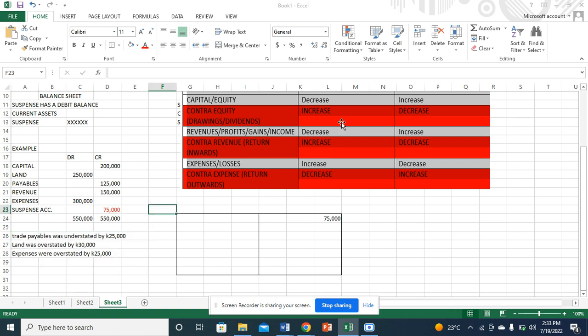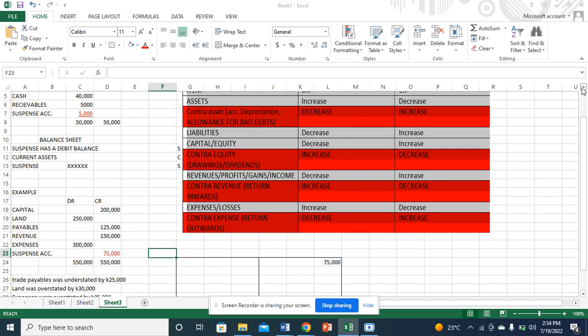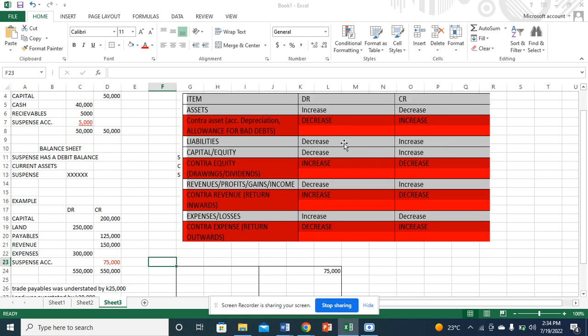All right. So trade payables is a liability account. Remember, for liabilities, a debit decreases the liabilities, and a credit increases the liabilities.